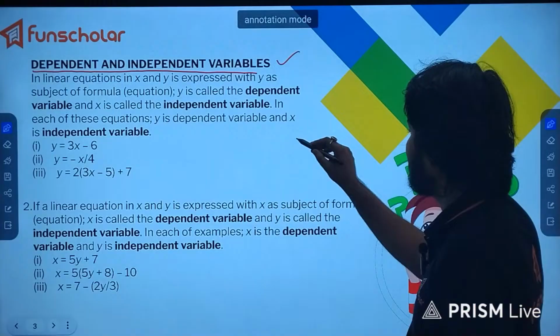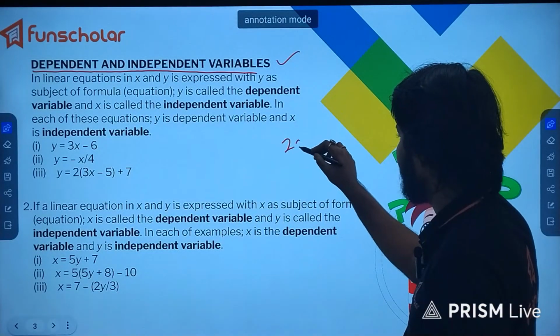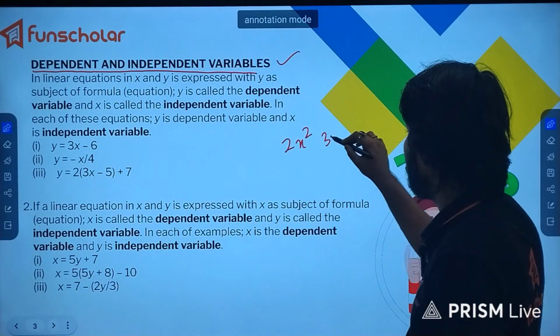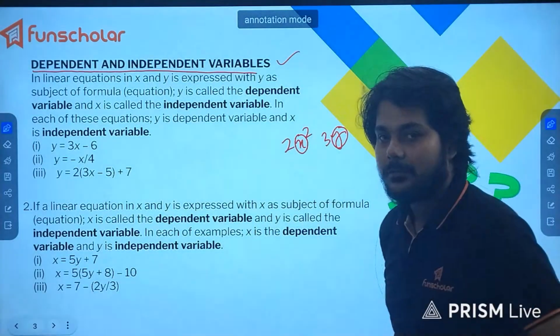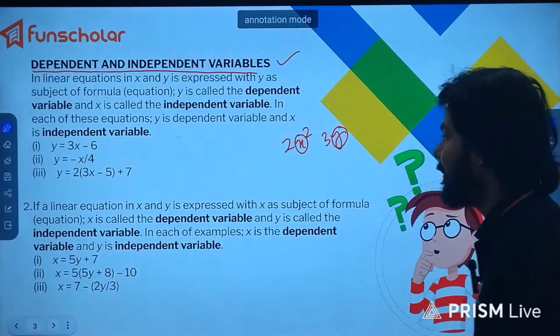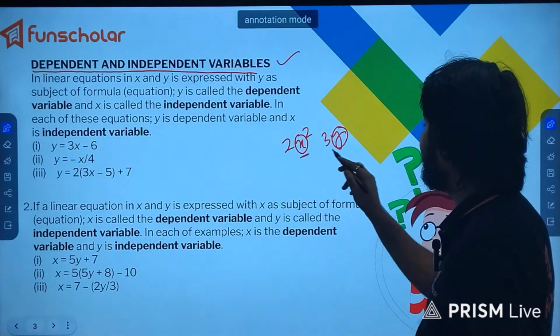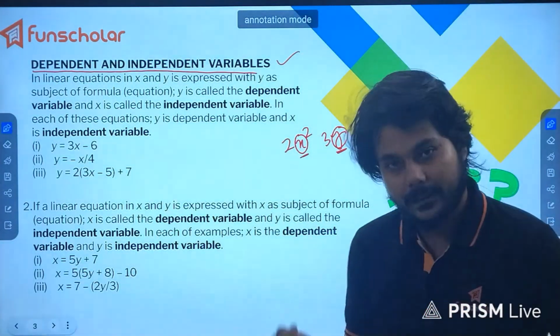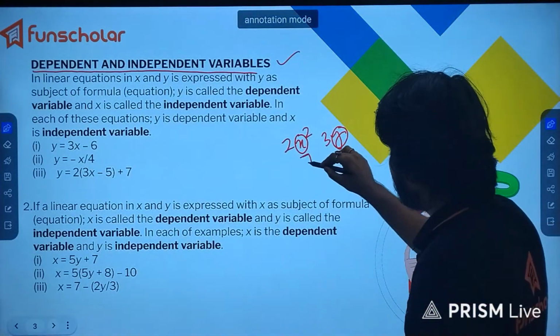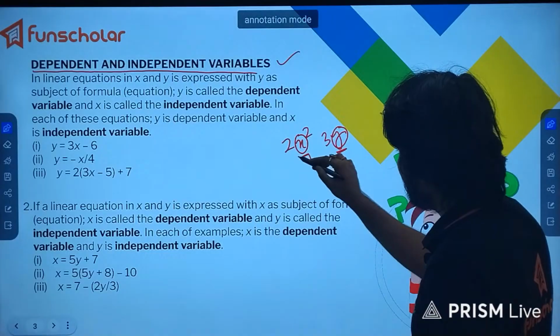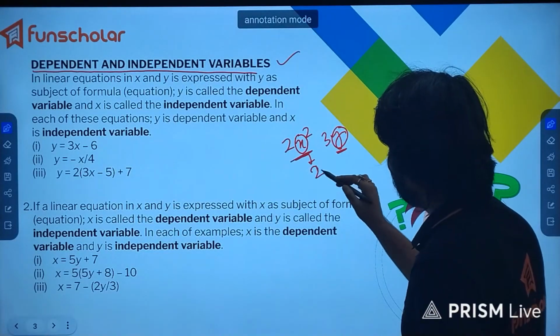Variables means, suppose 2x square, 3y. Here this x and this y are variables. Why? Because they do not have any constant value. Their value fluctuates. If x is 1, this expression will be 2.